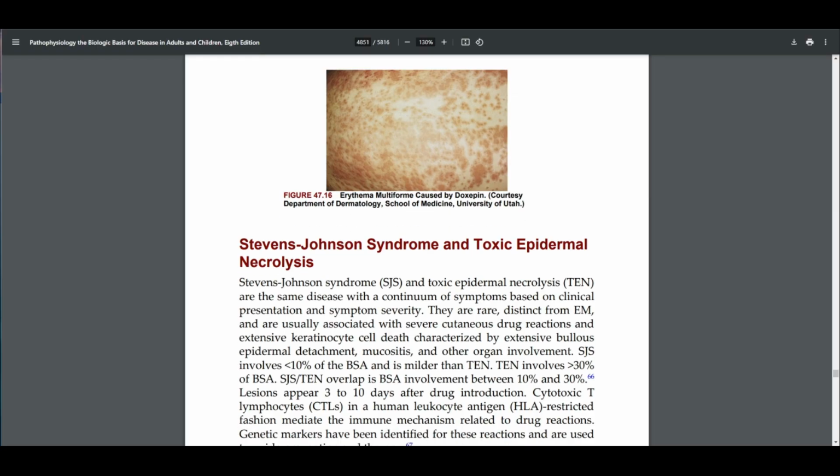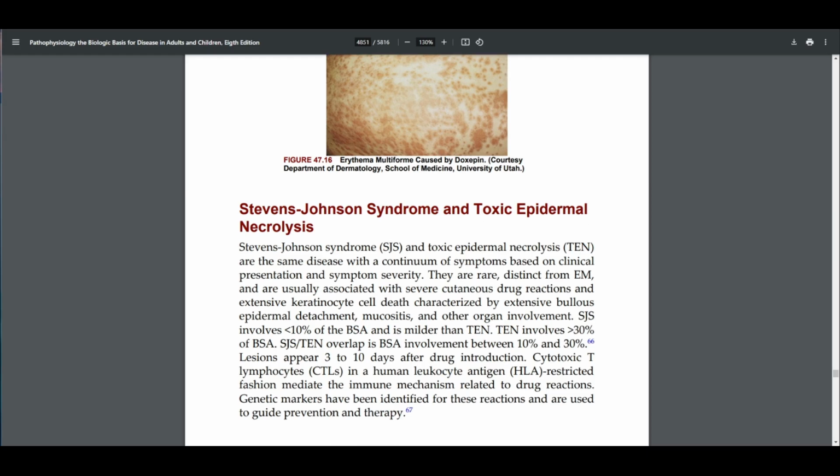Stevens-Johnson syndrome and toxic epidermal necrolysis. Stevens-Johnson syndrome and toxic epidermal necrolysis are the same disease with a continuum of symptoms based on clinical presentation and symptom severity. They are rare, distinct from EM, and usually associated with severe cutaneous drug reactions and extensive keratinocyte cell death characterized by extensive bullous epidermal detachment, mucositis, and other organ involvement.